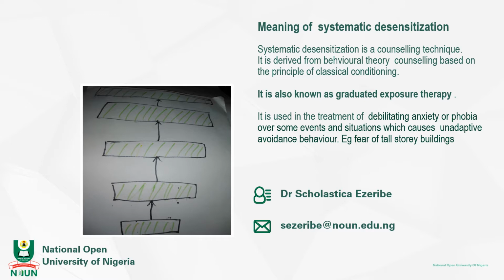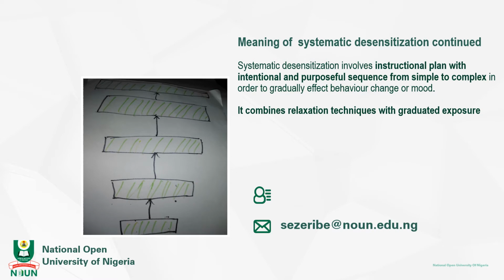We continue with the meaning of systematic desensitization. We say that systematic desensitization involves an instructional plan with intentional and purposeful sequence from simple to complex in order to gradually effect behavior change or mood. It is a graduated exposure. We look at this picture here, the way it goes.